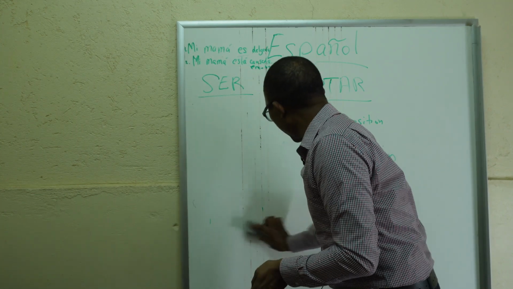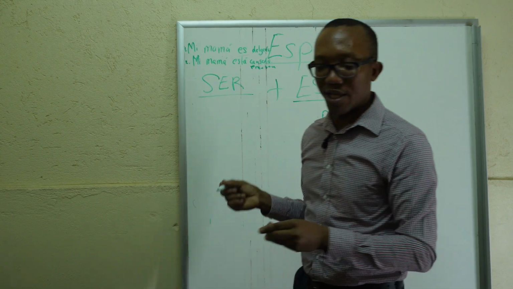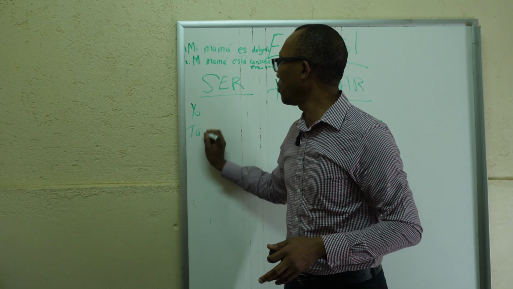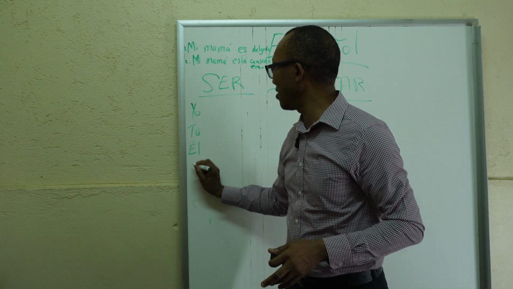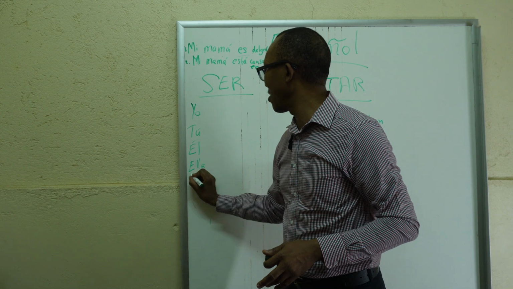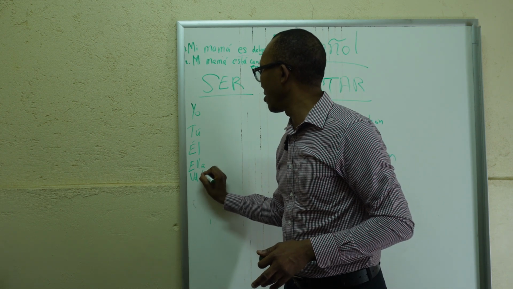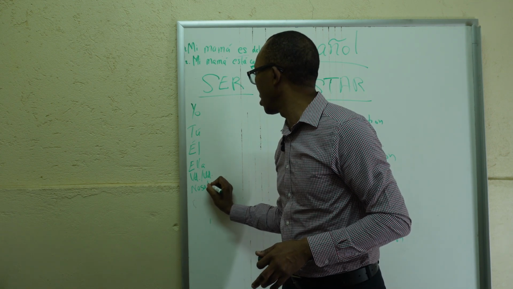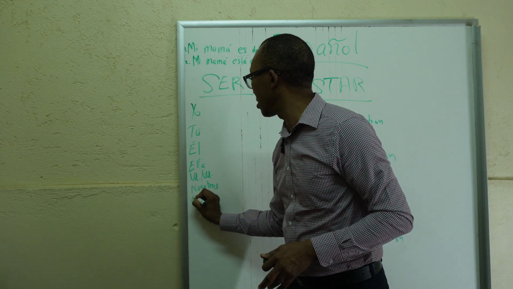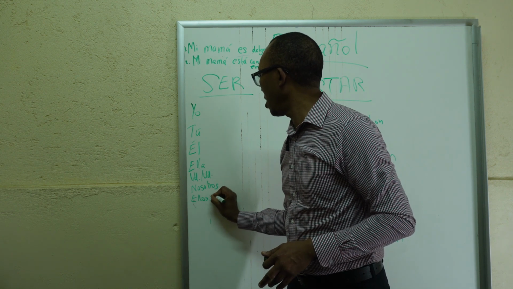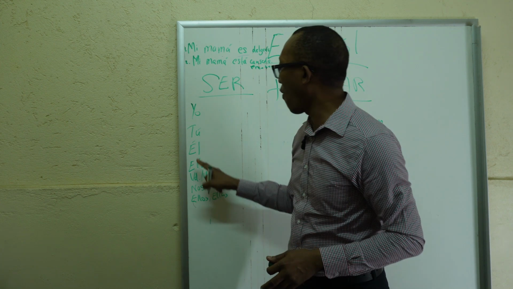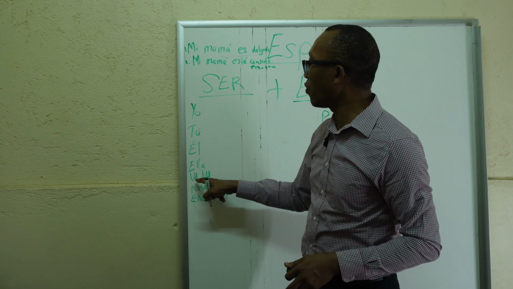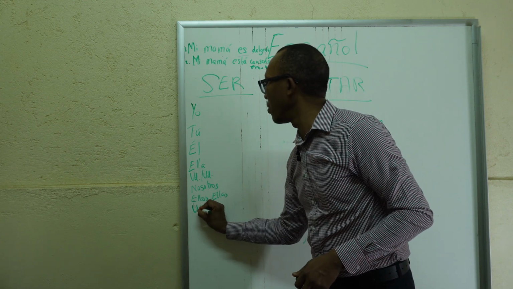So let us start with, you all know the pronouns. So we know we have yo, we have tú, we have él, ella, usted, or Vd or Ud, nosotros, ellos, ellas, plural forms of él, ellos, plural form of ella, ellas, plural form of usted will be ustedes.